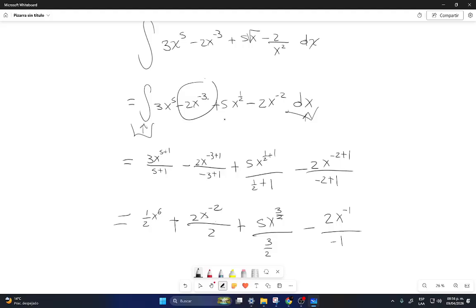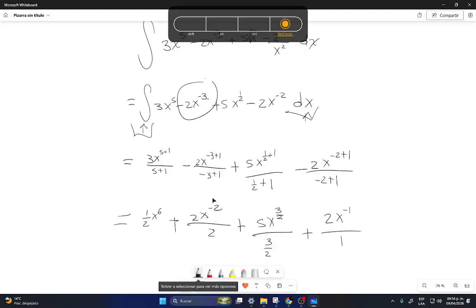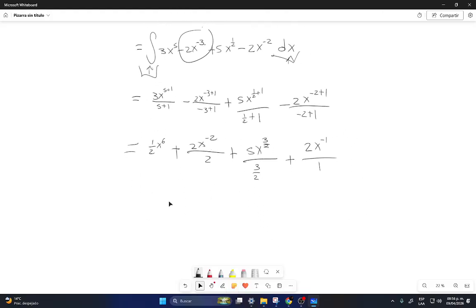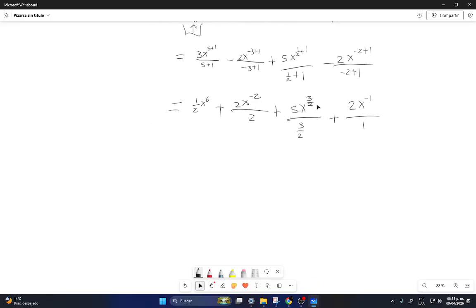Oh, but negative divided by a negative is positive, so I will write it as a positive already, getting rid of this negative. Notice that I didn't do it here before because this negative is not for the whole thing, but since after simplifying the negative was for the whole thing, now I'm able to get rid of it with the other negative.